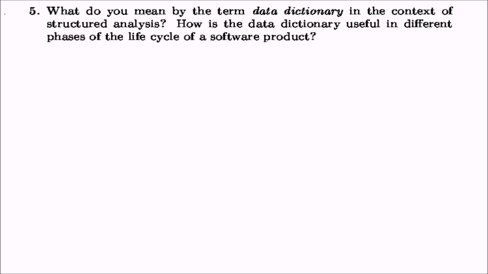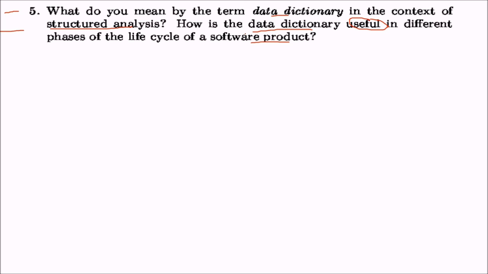Fifth is what do you mean by the term data dictionary in the context of structured analysis? You have to write about the data dictionary with reference to structured analysis, and how this data dictionary is useful in different phases of the life cycle of a software product. Data dictionary is the central repository from which the data can be taken.